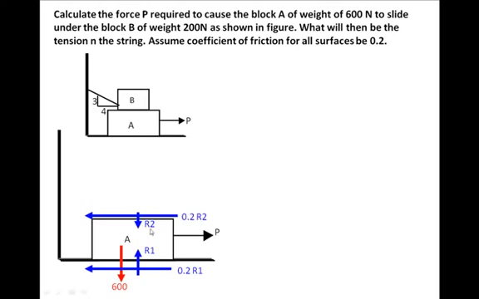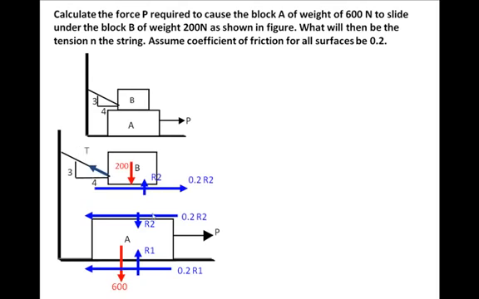But as far as body A is concerned, all it knows is it has touched the surface of B and expects a reaction, which we are giving as R2. And please note that we are trying to move body A towards the right. So friction at the top surface as well as the bottom surface is opposite, towards your left, and that will be 0.2 R2 because mu is 0.2. So this is a free body.